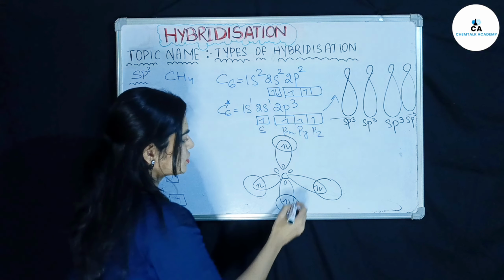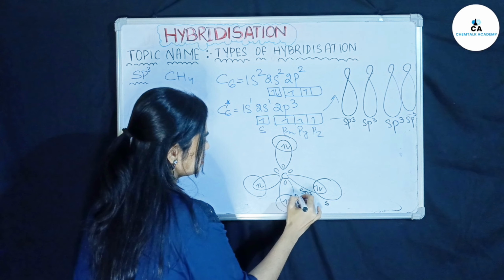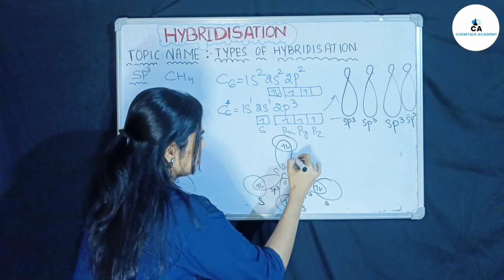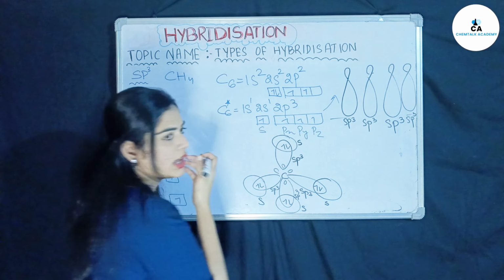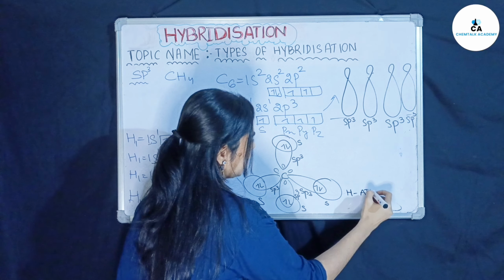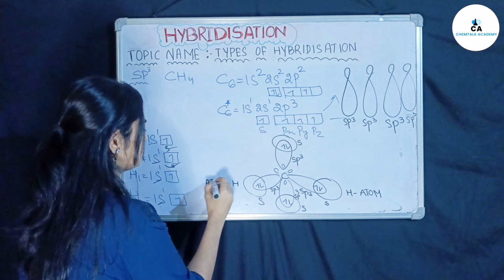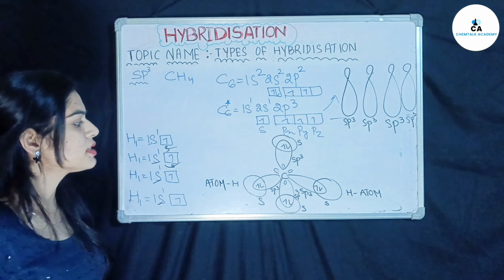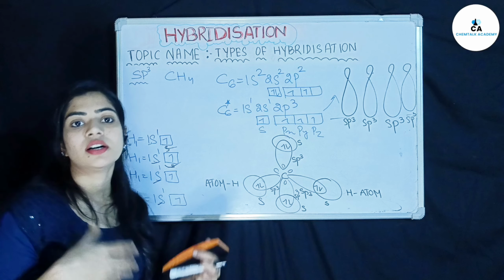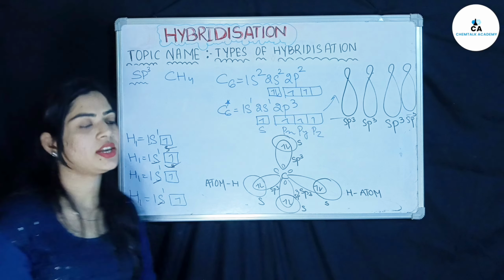This is the sp3 and this is s. This is carbon and these are the hydrogen atoms. Hydrogen s orbitals overlap with the sp3 hybrid orbitals of carbon and give the structure like this.